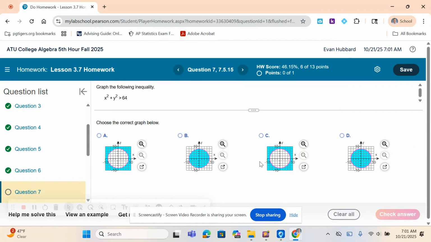I apologize about that. I was going too fast there. It's dashed, and so it's going to be the dashed shade on the outside. So that'd be A.